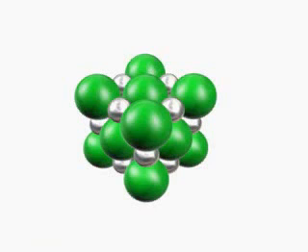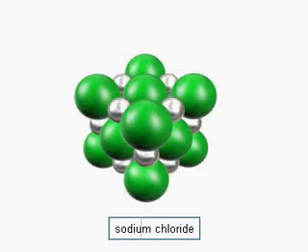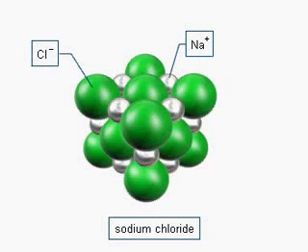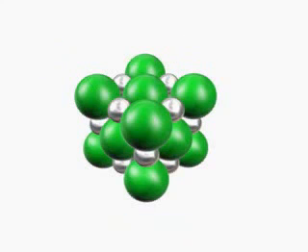The salts of elements in the S-block have an ionic structure. For example, sodium chloride is composed of sodium ions and chloride ions arranged alternately in all directions and at a constant distance apart from one another.